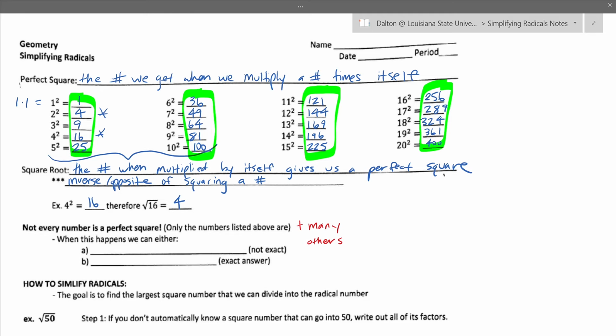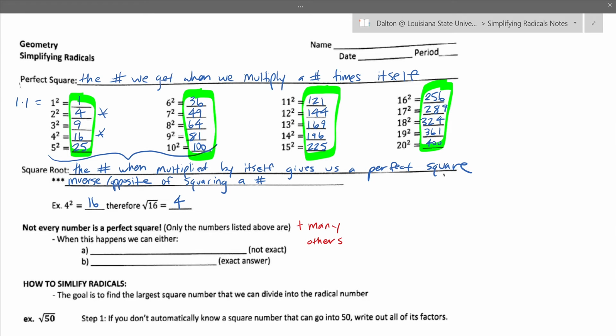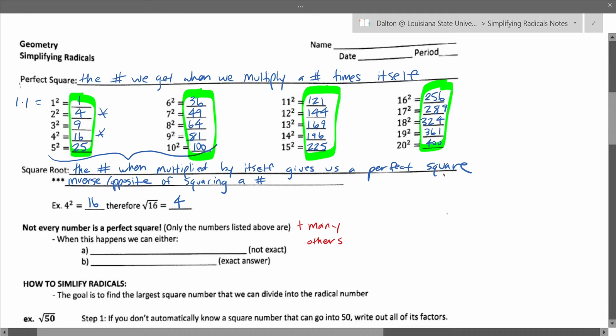Now, how can you figure out what a perfect square actually is? Well, visually speaking, what it literally means is that if I had that number of square tiles, then I could make literally a perfect square. So 1 is a perfect square because 1 square by itself makes a perfect square.